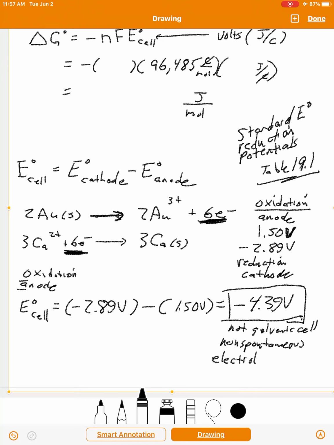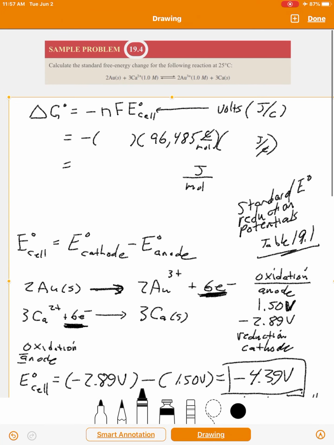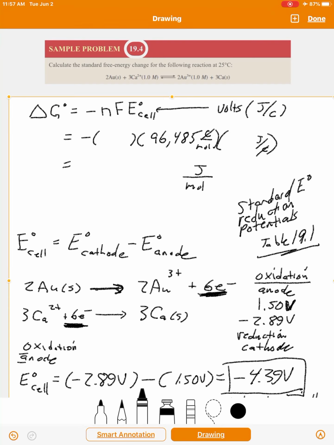Electrolytic cells are ones that use electricity to make a non-spontaneous reaction occur. So the fact that that cell potential is negative means that this is a non-spontaneous reaction. If it's a non-spontaneous reaction, that means we have to put energy into it to make it happen. But we have that ability technologically.